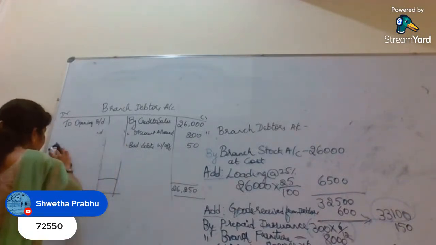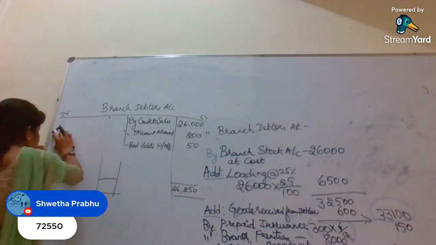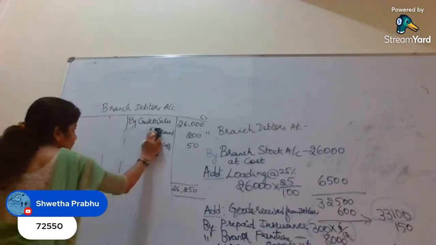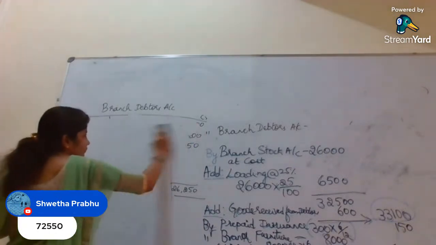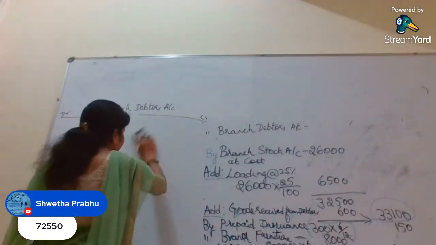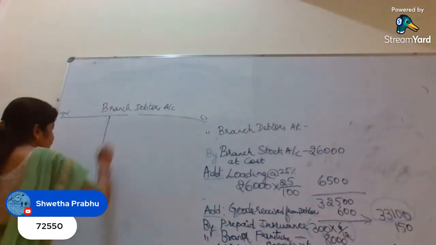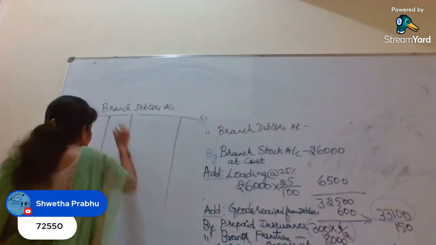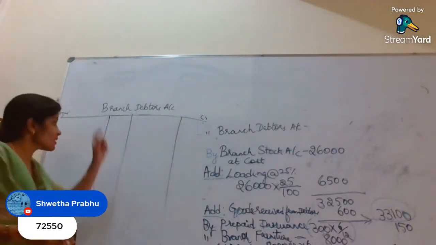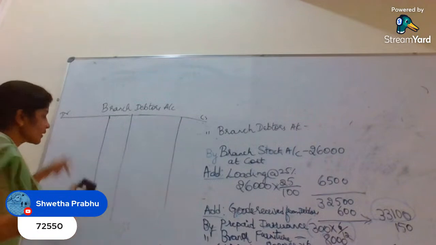I'm very sorry to open the debtors account. When there is a sales, the entry is branch debtors account.